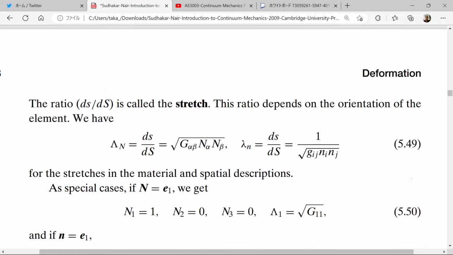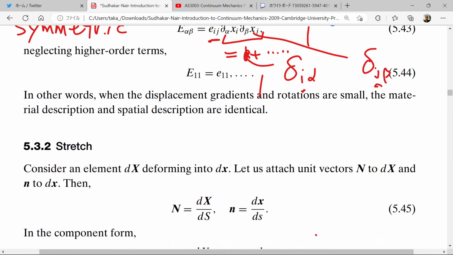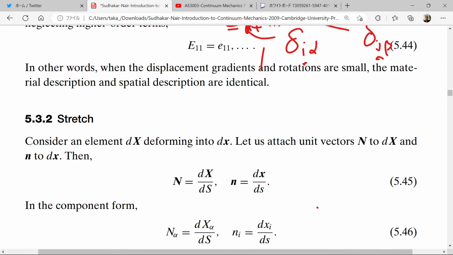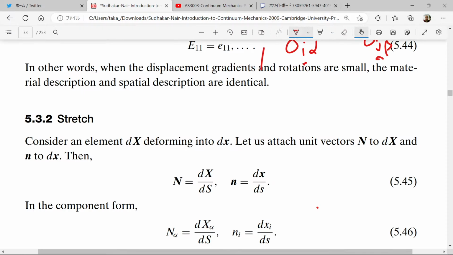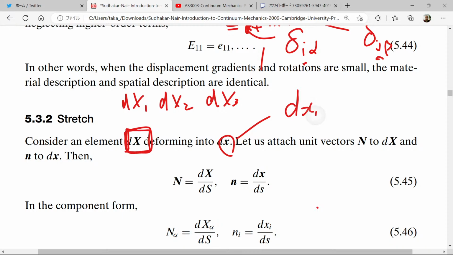It's a little bit complicated. You have deformation. You have this, which has three components, dx1, dx2, dx3. This one also has three components, dx1, dx2, dx3, right?